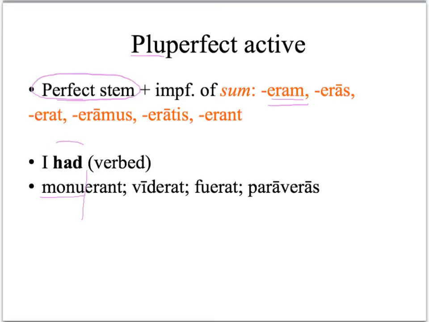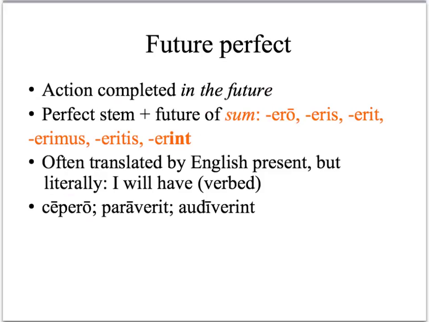The only translation for the pluperfect is with the English helping verb had, plus a past tense. He, she, or it had seen, and again from the verb to be itself, sum, esse, fui: fuerat, he, she, or it had been. Paraveras, you had prepared.